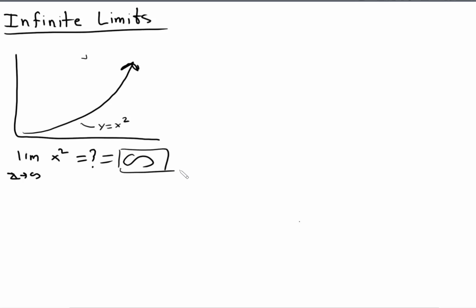And why is that? If you take a look at the graph, this arrow tells us that the graph will keep on going as x increases.